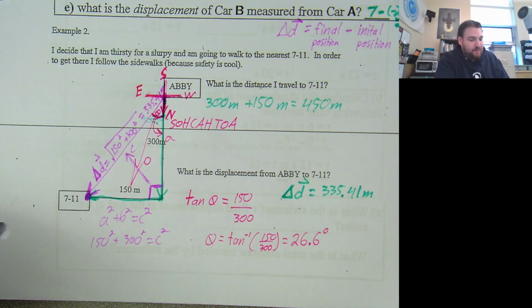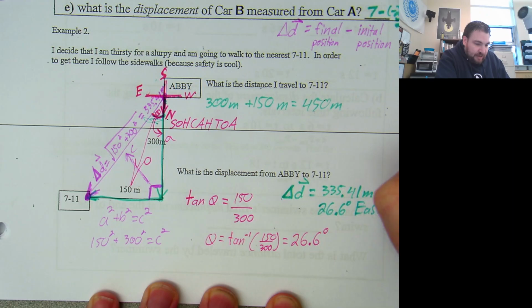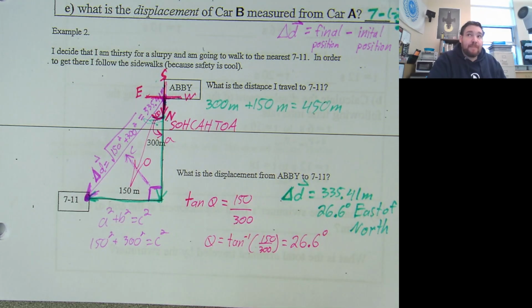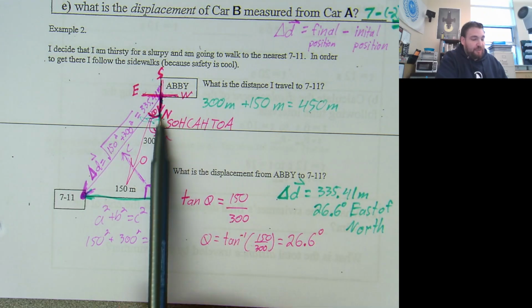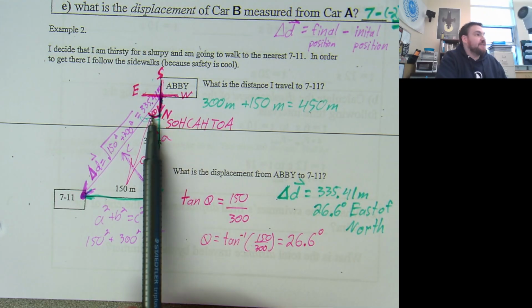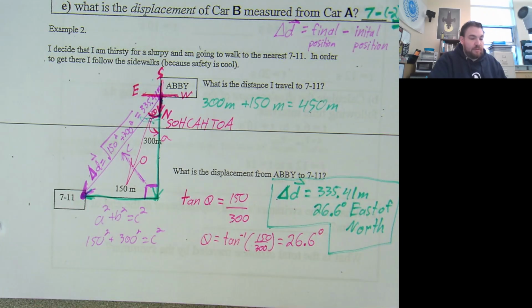And so the way we write that is we would say that we are 335.41 meters, 26.6 degrees east of north. Because from this cardinal direction north, our angle opens east. So this is how we would write our displacement vector with its magnitude and its direction.